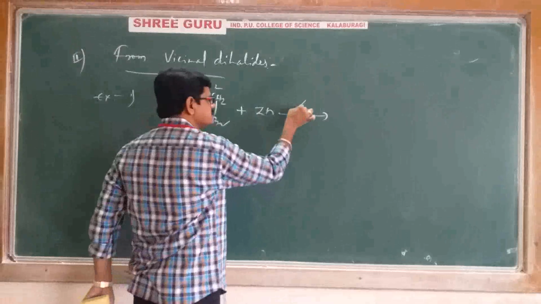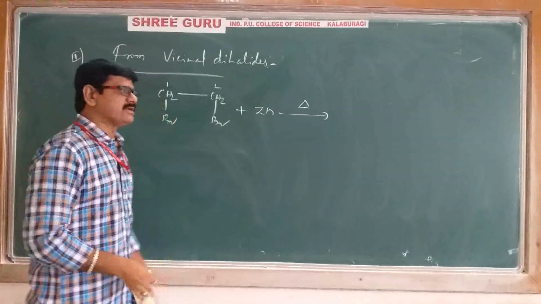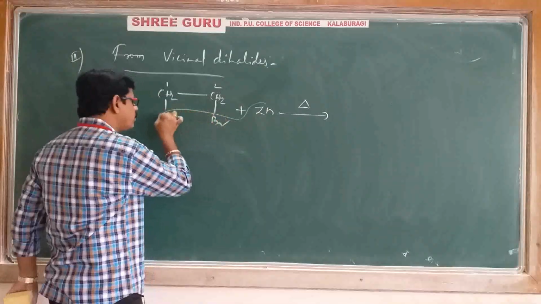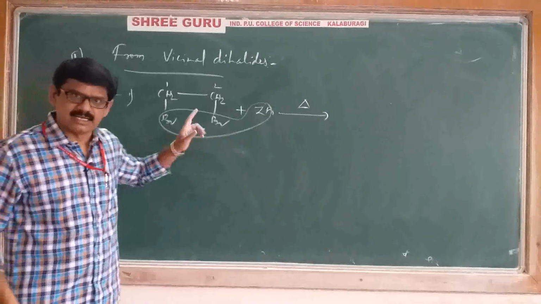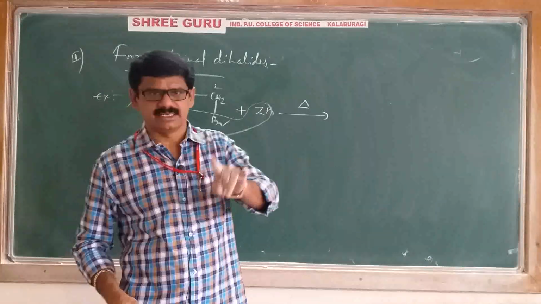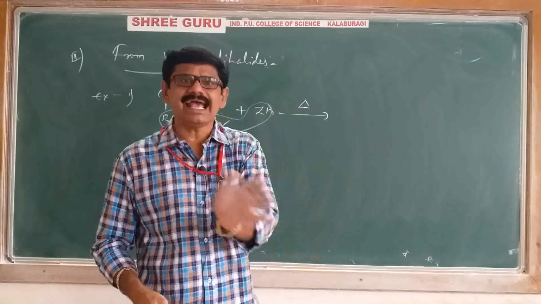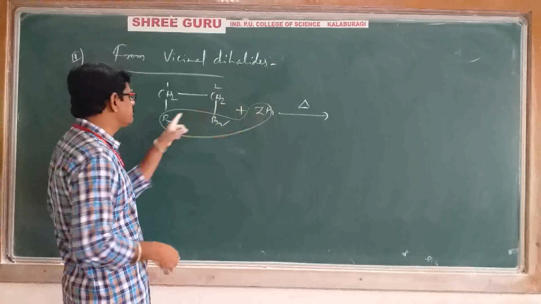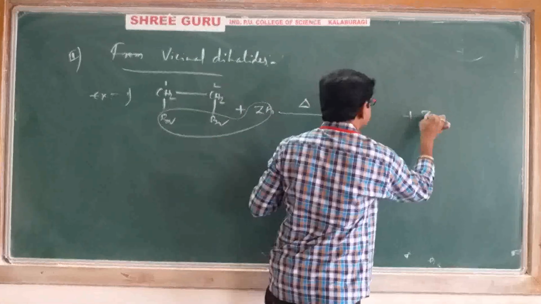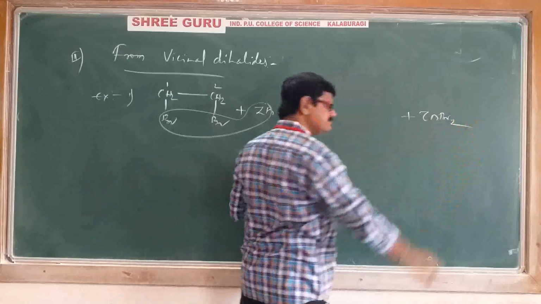We are heating it with zinc metal. Then zinc eliminates both halogens. That's why this method is also called dehalogenation. De is nothing but elimination. Dehalogenation takes place and the byproduct obtained is ZnBr2.